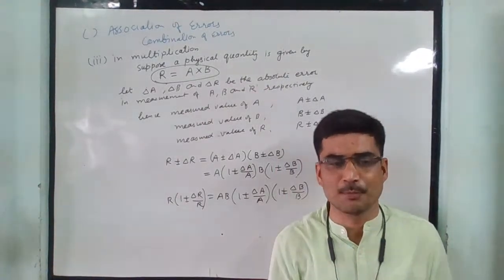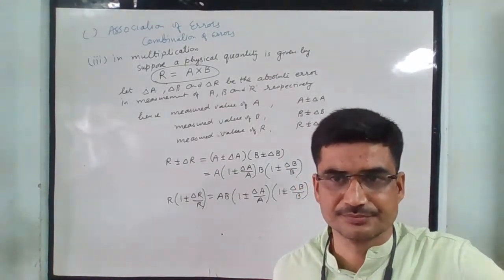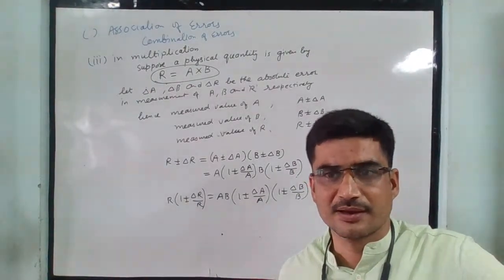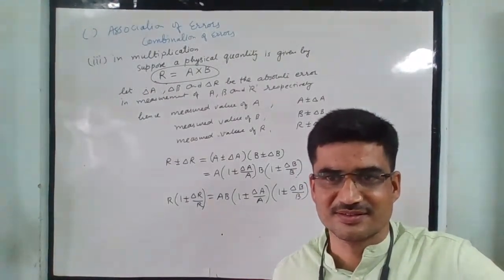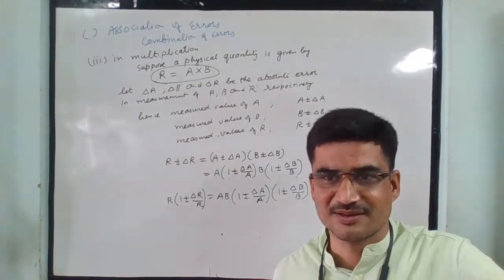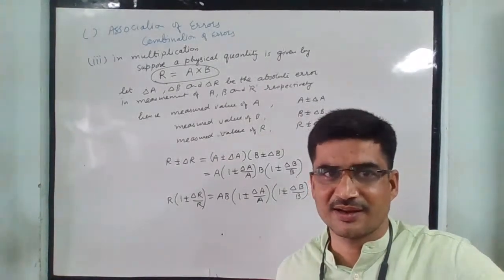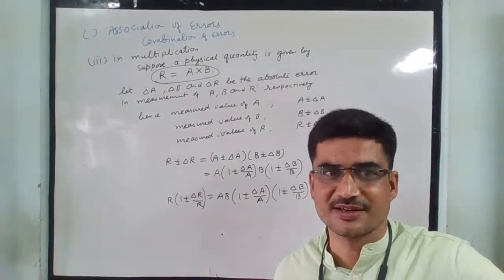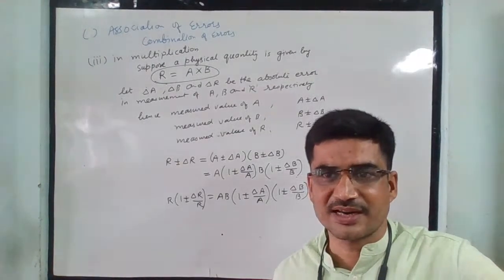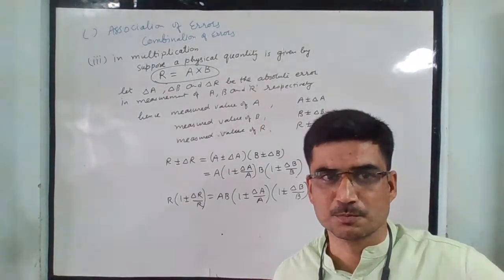What is delta A by A? Fractional error, or also called a relative error. All of you write in chat box: delta A by A, delta B by B, delta R by R. Relative error, fractional error. Write quickly.